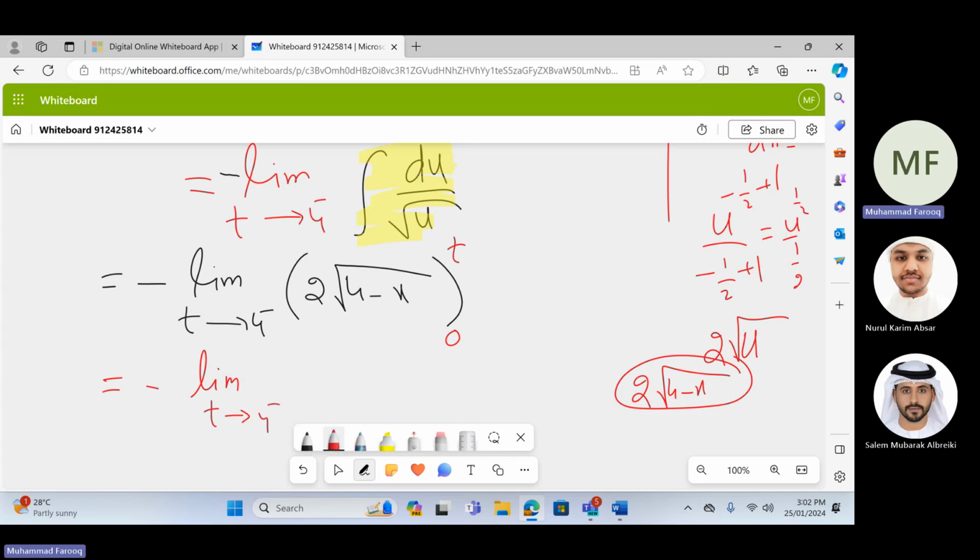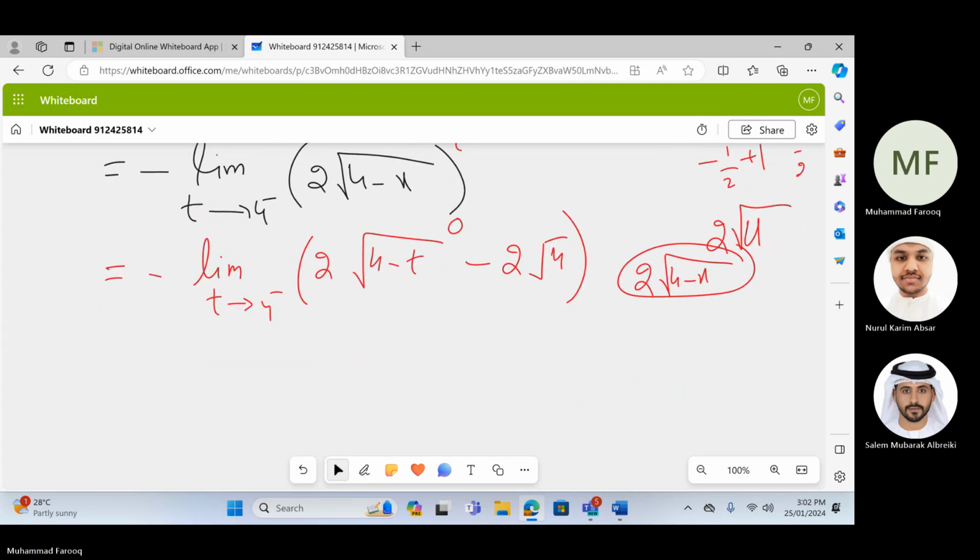So 2 times the square root of 4 minus t, minus 2 times the lower limit. At x equal to 0, it is 4 minus 0, which is basically 4. Is it okay now? Good.